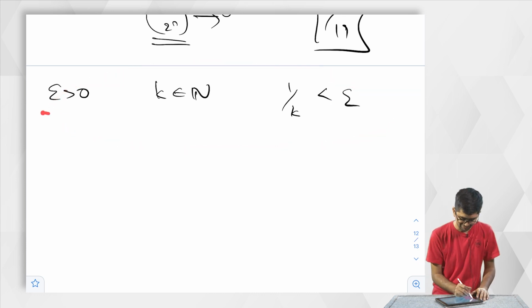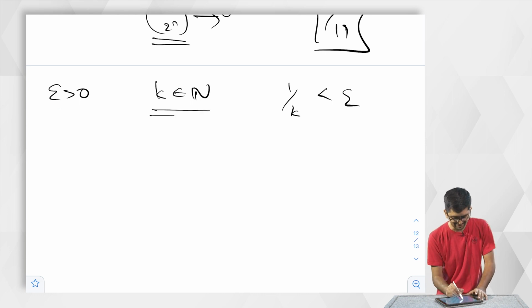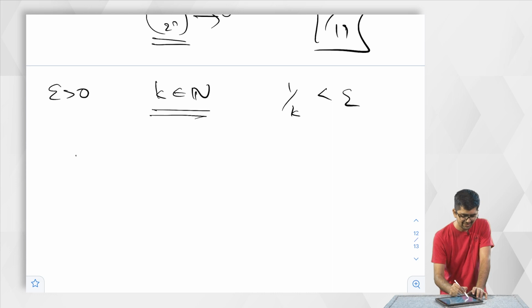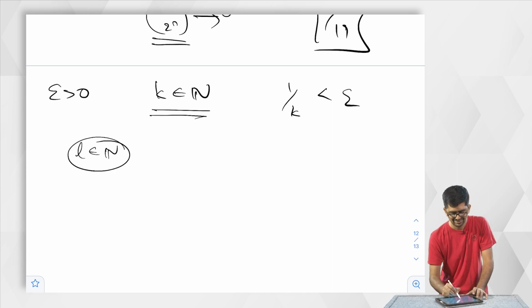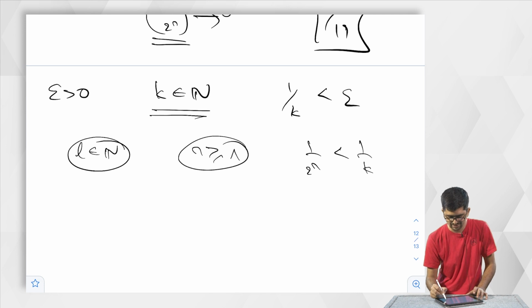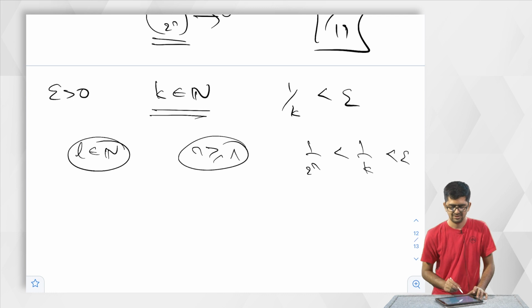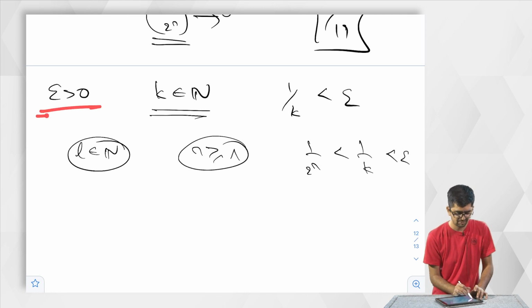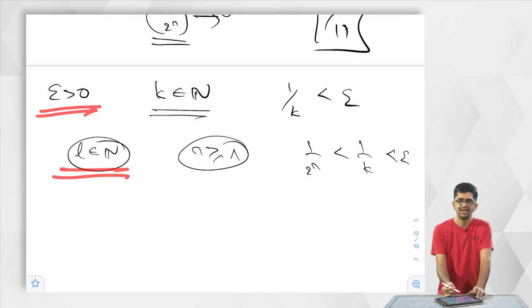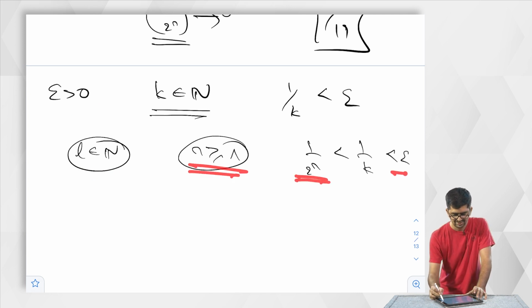Now, for this k, one can find L belongs to N such that whenever n is greater than or equal to L, 1 by 2 power n is less than 1 by k, and because 1 by k is less than epsilon, one can write this. So, this says given epsilon positive, there is an L belongs to N such that for every n greater than L, 1 by 2 power n is less than epsilon.